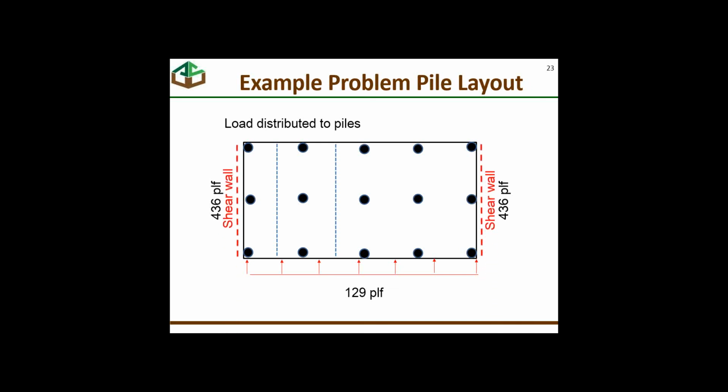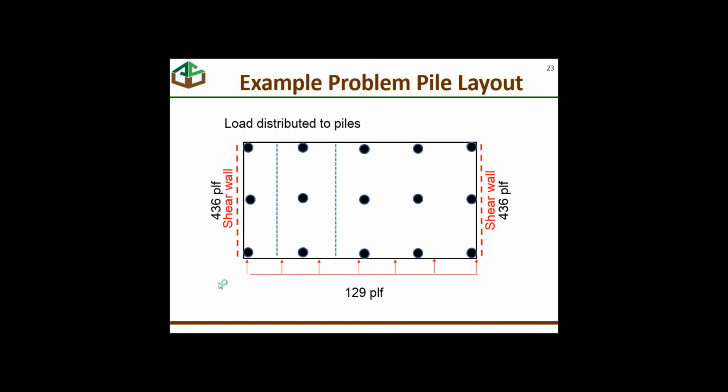Now, a question came up in pulling the presentation together: how would we distribute this? Well, you see the blue lines were really intended to represent a tributary area of 10 feet wide, and so each pile would take a lateral load of 1,290 pounds, and that's what was on several slides ago where I showed the loads from last week's webinar.